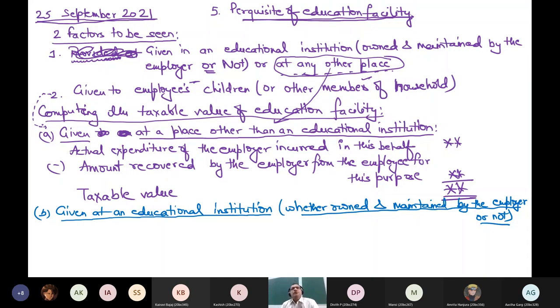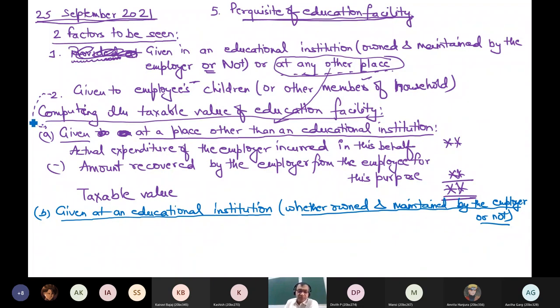When the employer provides education to employees' children in an educational institution, logically what should be the taxable value? What is my saving? I can say that whatever is the fees of other children in that institution, that is my saving because I'm not paying it. But no, this is not the case.